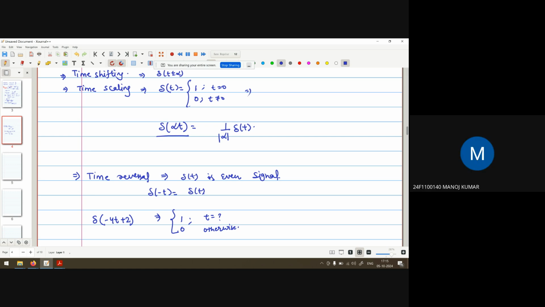Minus 4t plus 2 becomes 0. So minus 4t is equal to minus 2 and t is equal to half, minus 2 by minus 4, that is 1 by 2. So at t is equal to 1 by 2 the value is 1, otherwise the value is 0.